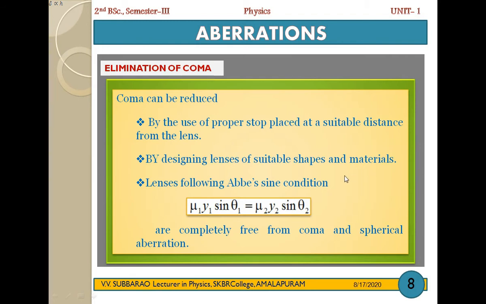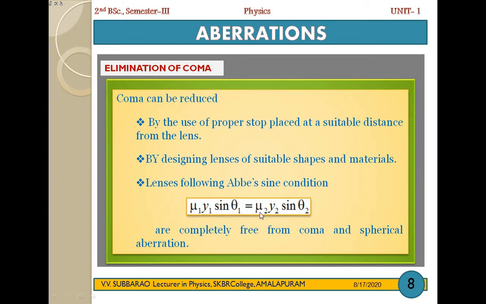There is another important condition that eliminates coma. It was mathematically derived by Abbe and is popularly known as Abbe's sine condition: mu1 y1 sin theta1 equals mu2 y2 sin theta2. If a lens system is designed to follow this condition, then the lens system effectively eliminates coma.